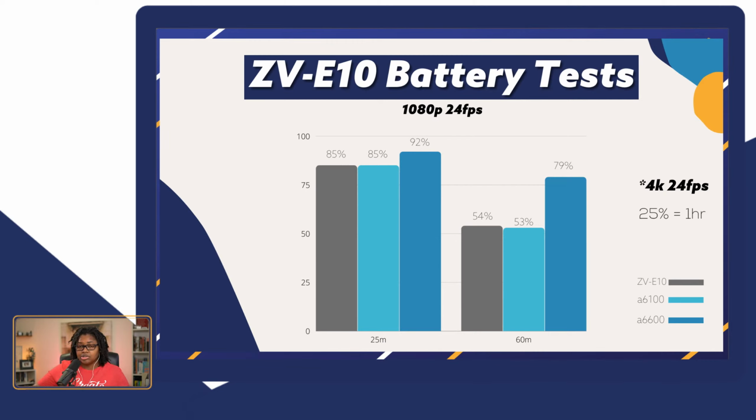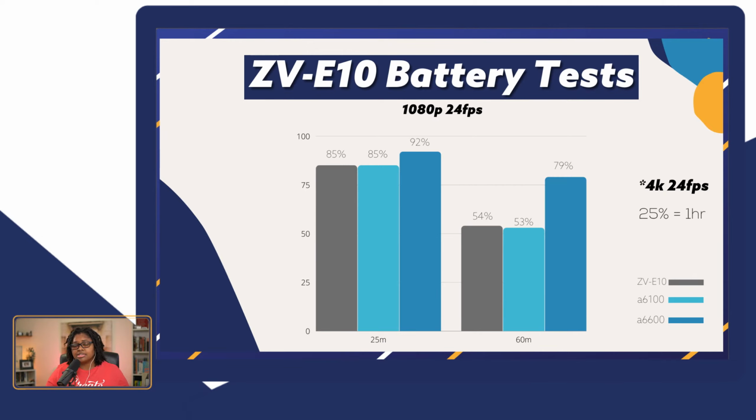Or if you spent the $1398 for the A6600 right here, then you're looking at not having to worry about battery life. And so now this reintroduces it as a concern. So I wanted to make sure we dived into the battery life, at least in the 1080p, 24 frames per second, so that you can see that.